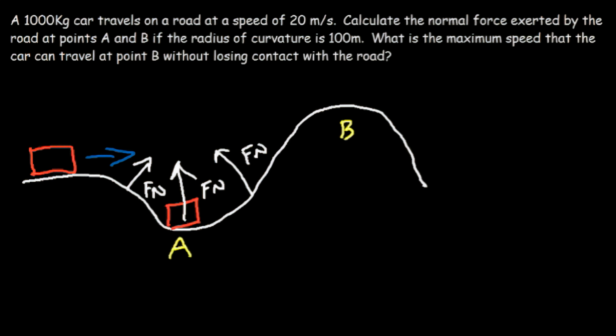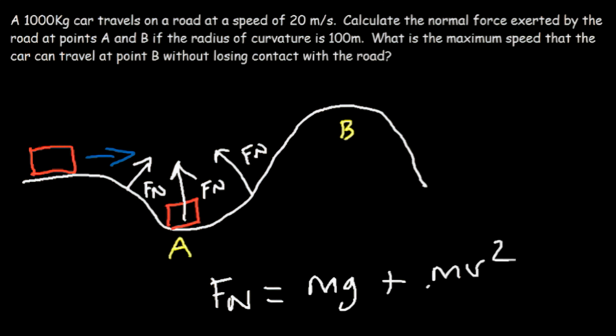So it has to work harder. So at the bottom, the car is going to feel heavier, because the normal force has to support the weight of the car and it has to change the direction of the car. So it has to provide the centripetal force. So at point A, the normal force is the sum of the weight force and the centripetal force.